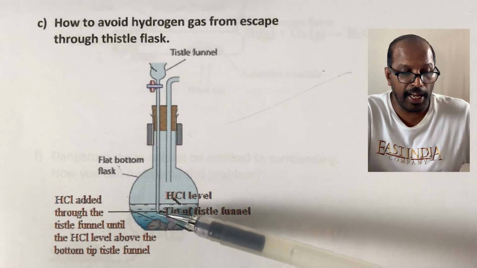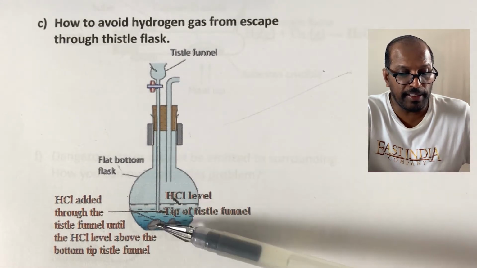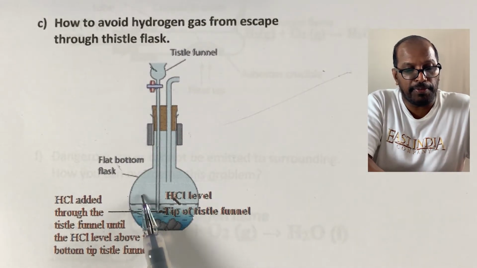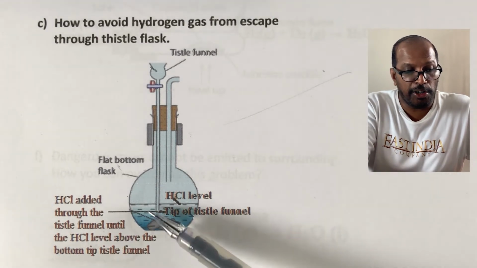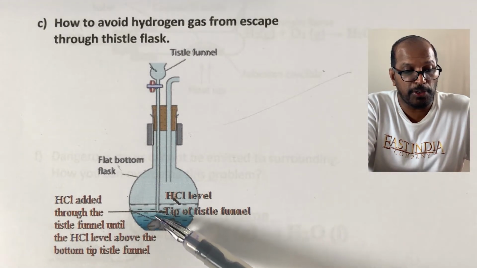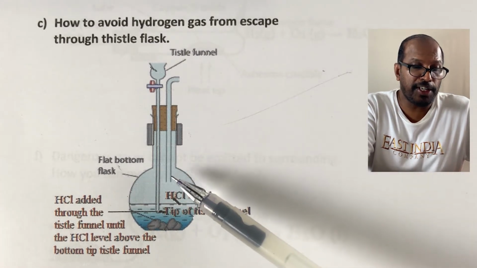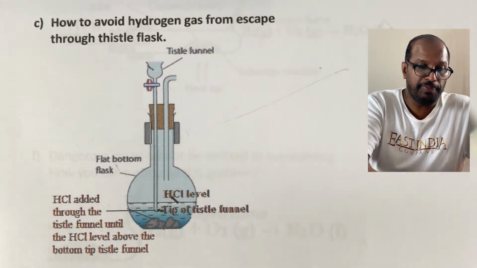That means the end of the thistle funnel must be below the level of the acid, immersed inside the acid, in order to prevent the hydrogen gas produced from escaping through the thistle funnel. Therefore, the hydrogen gas only escapes through the connecting tube. Now we continue.